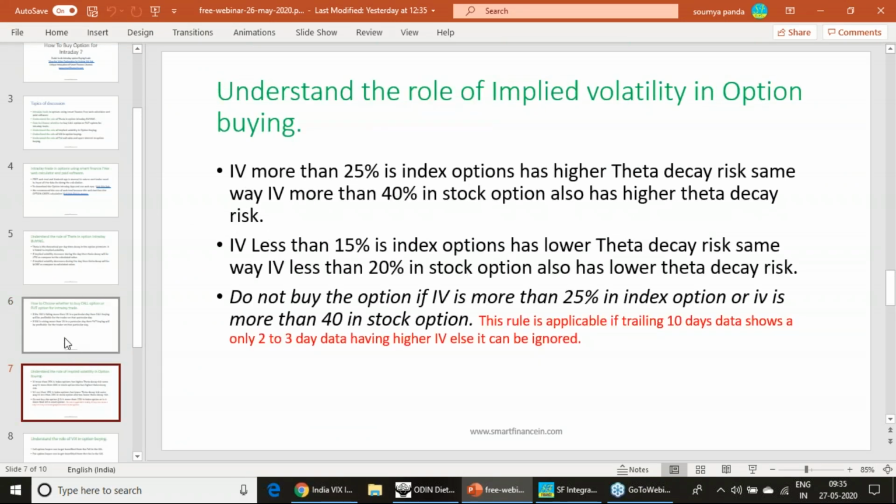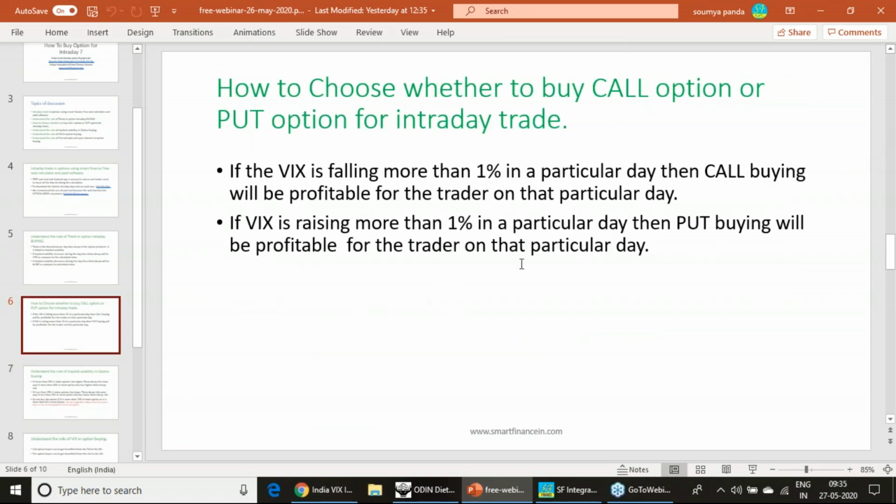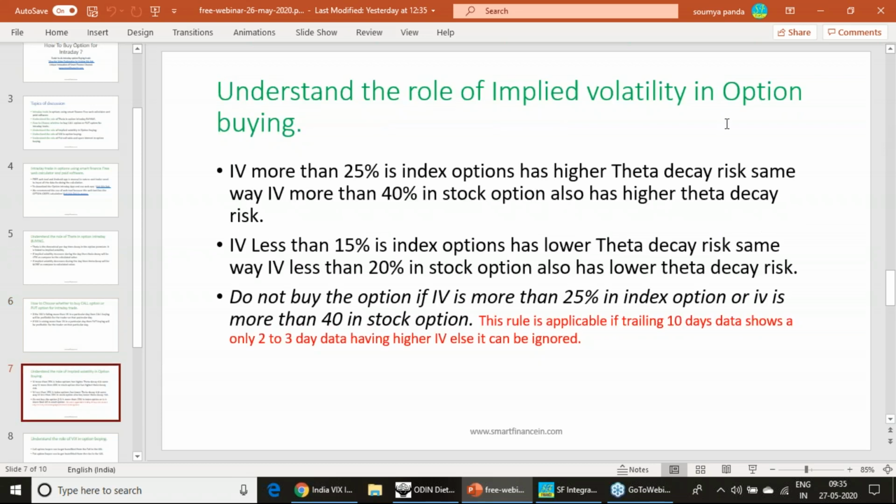Now coming to my second part. Second part of this thing: the role of implied volatility in your option premium. Whenever IV, implied volatility, is more than 25% in index options or more than 40% in stock options, then theta decay risk will be more.